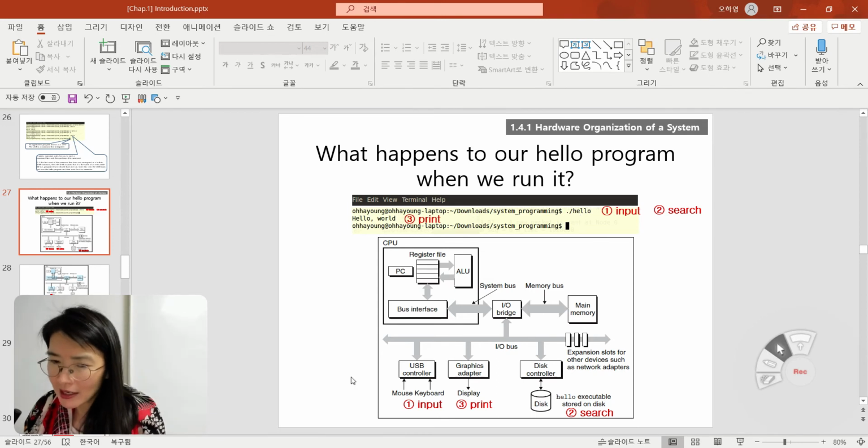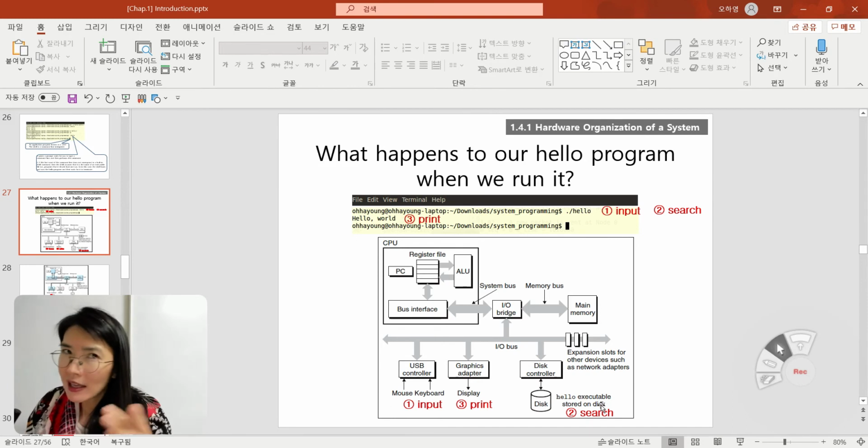Please compare number 1 with the figure's number 1. If you put in ./hello, the shell program tries to find the hello execution file name on your own disk. So the hello executable is stored on your own disk.